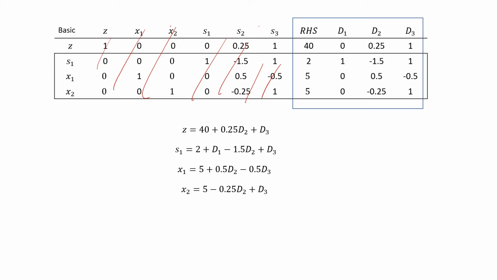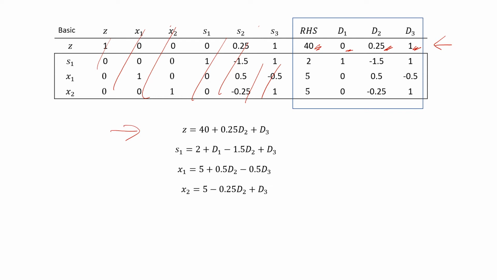But now we have this extra stuff because we introduced these D's on the right-hand side. So if we write this out, just using that first line, we have Z equals 40 plus 0D1 plus 0.25D2 plus D3. That's our first equation.